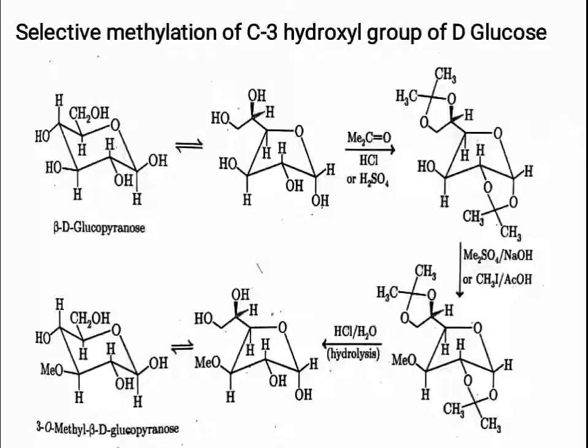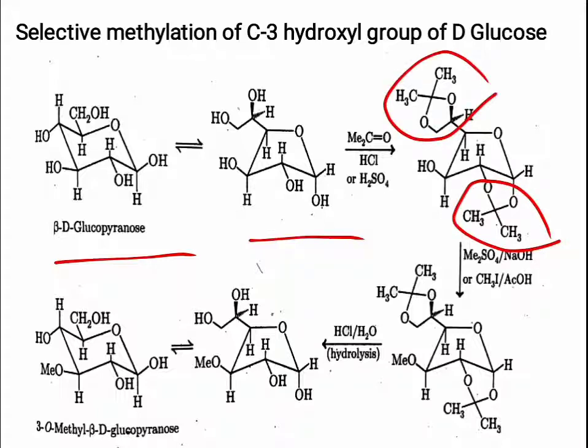Now, selective methylation of the C3 hydroxyl group of D-glucose. So you have to selectively methylate the C3 hydroxyl group. For this, at first just add acetone to this glucopyranose ring. This will form a 5-member ring and a di-isopropylidene derivative here and here.